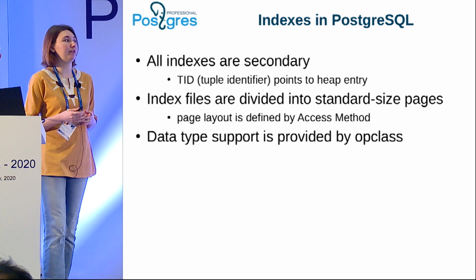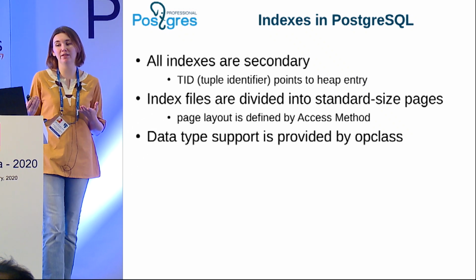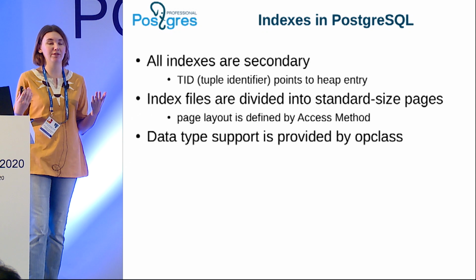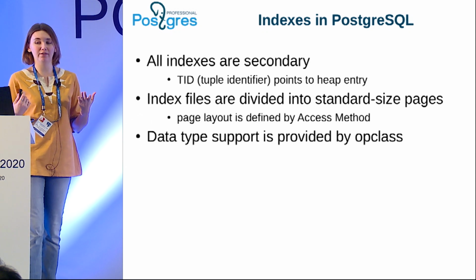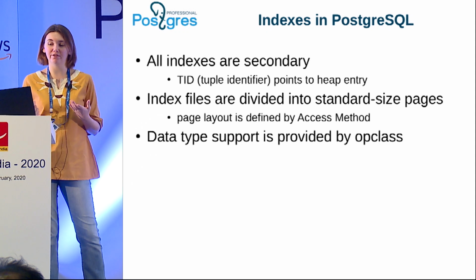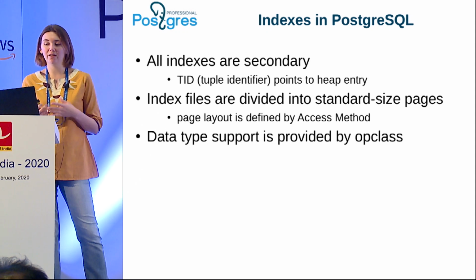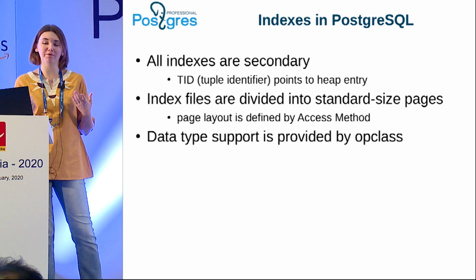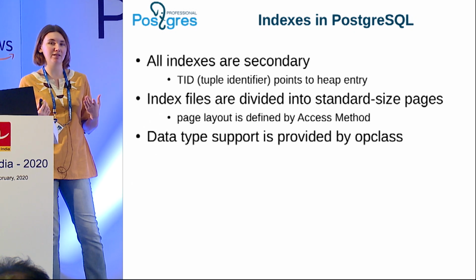So let me briefly remind you of some important things about indexes in Postgres in general. The first thing is that all indexes in Postgres currently are secondary indexes. It means that the index file is physically separated from the table that it describes.